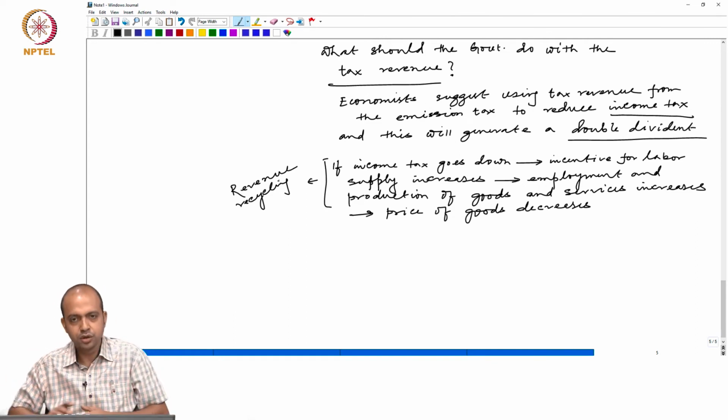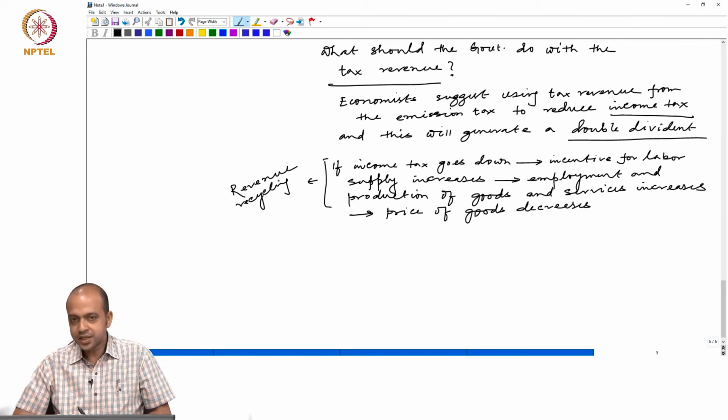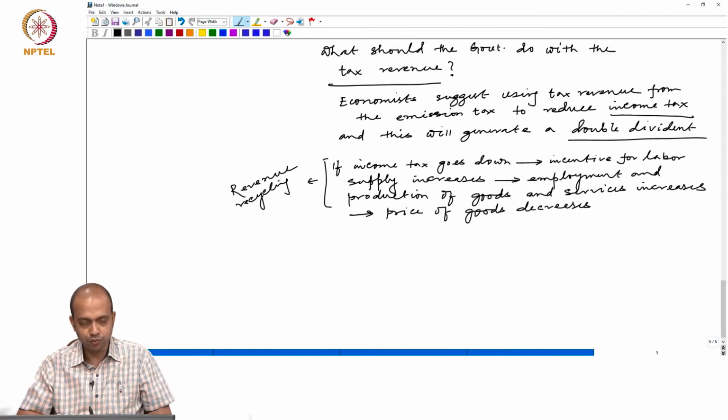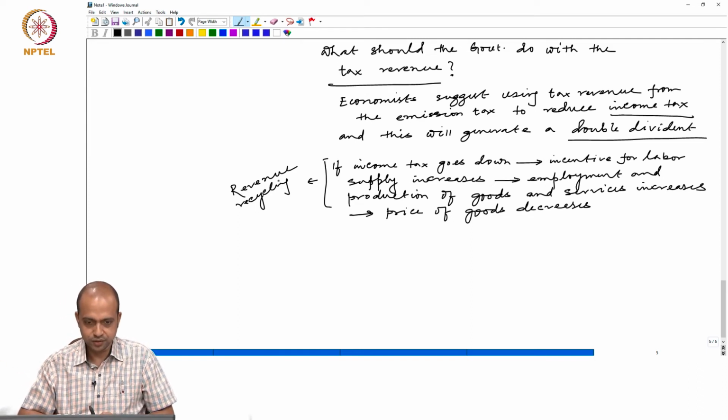to reduce the income tax rate. That gives more incentive for the laborer to work more, labor supply increases, employment will increase, and production of goods and services increases. This is called revenue recycling effect.